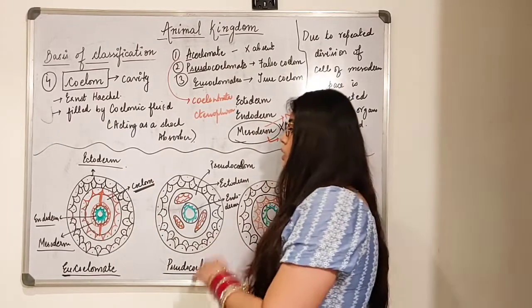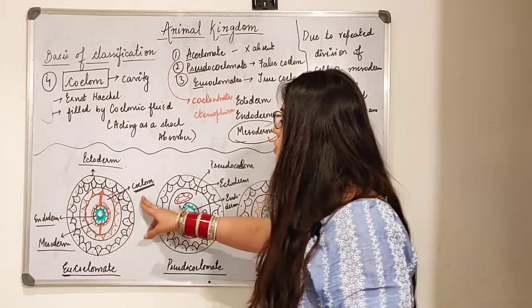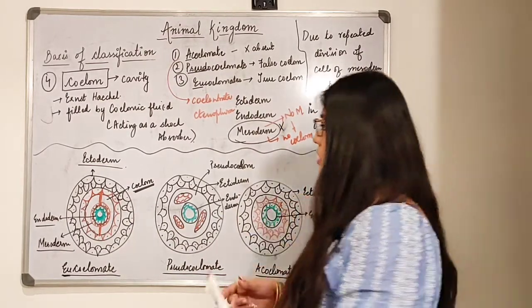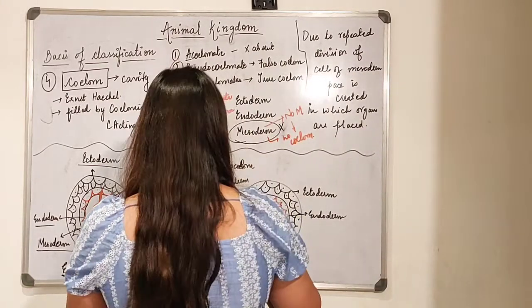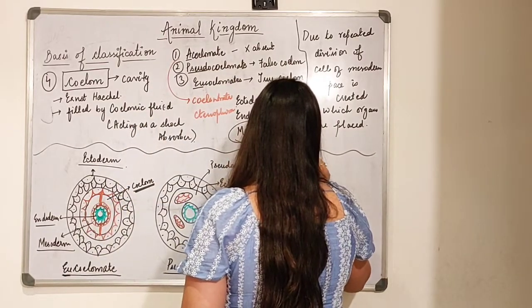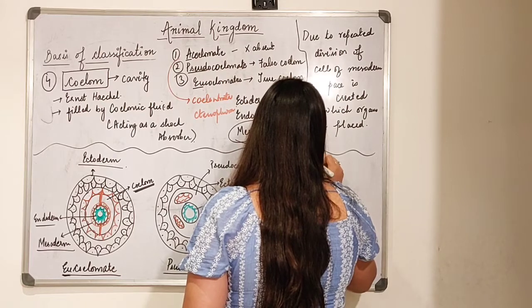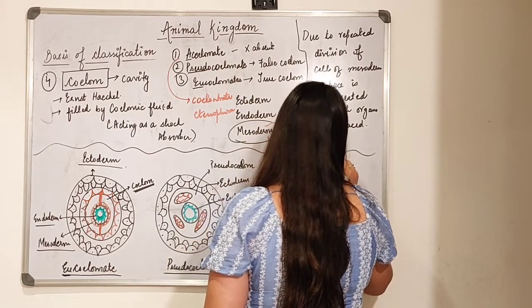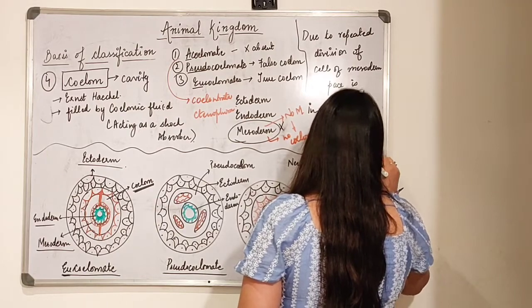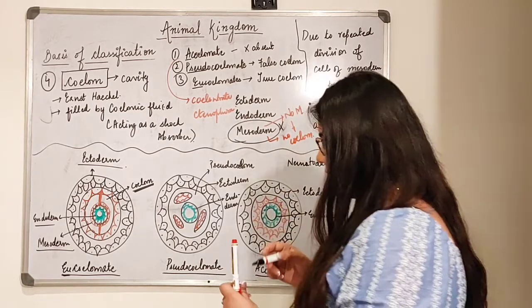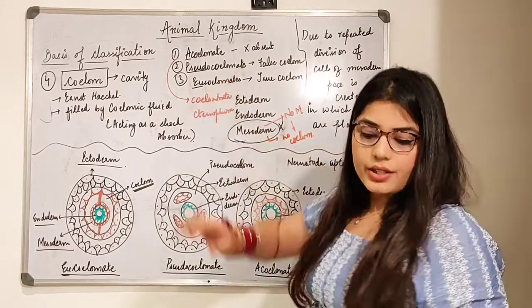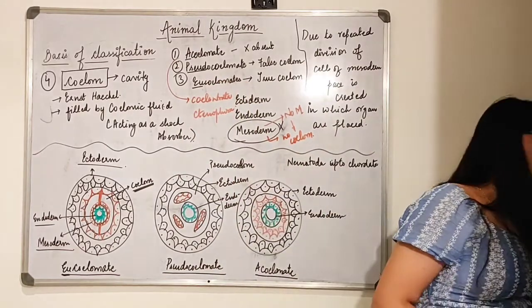Now beta, the examples of the eucoelomates will be starting from nematoda to chordata. All the phyla from nematoda to chordata are falling in the category of eucoelomates.